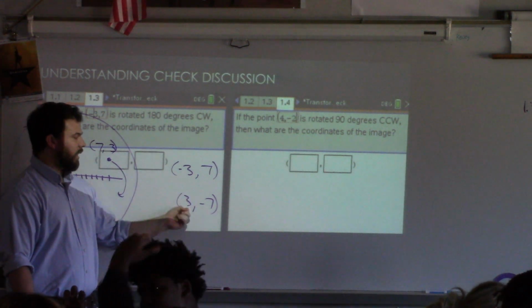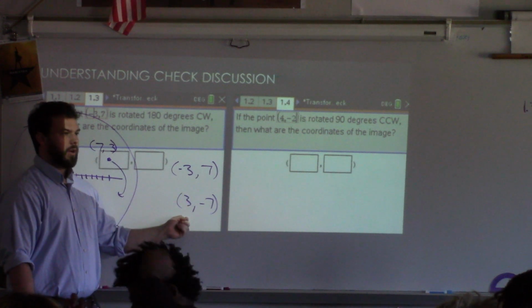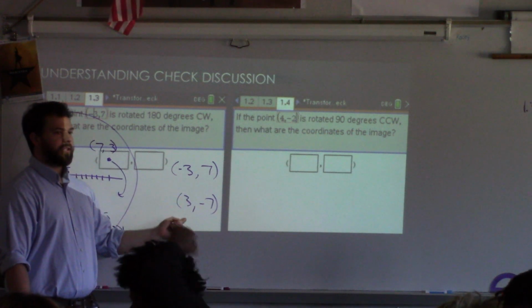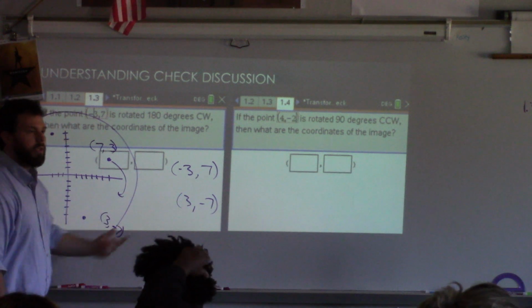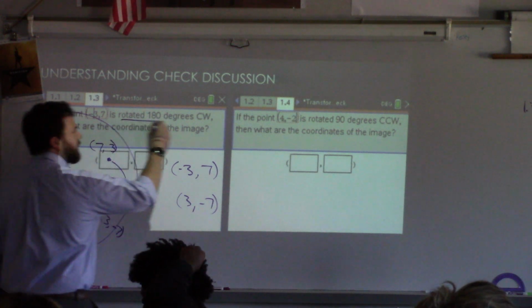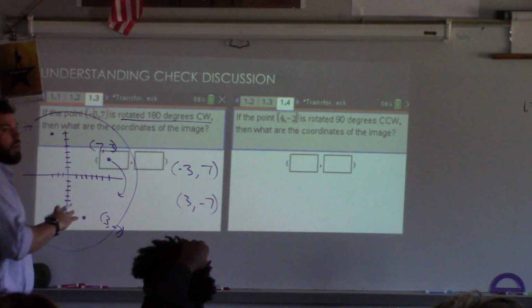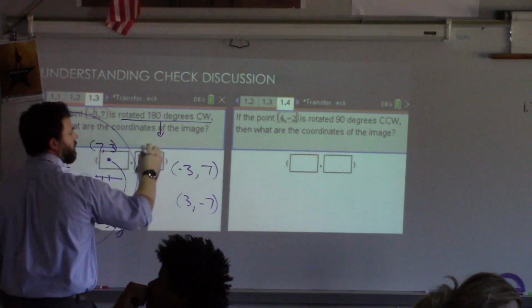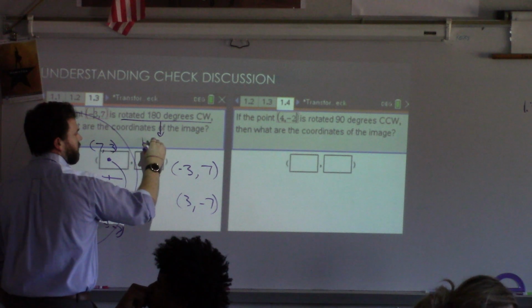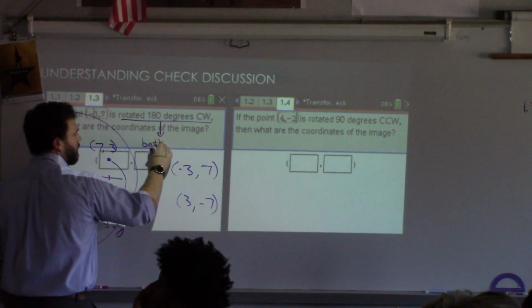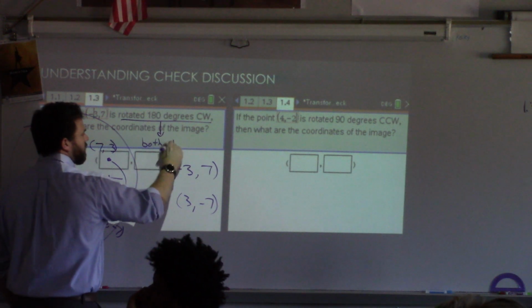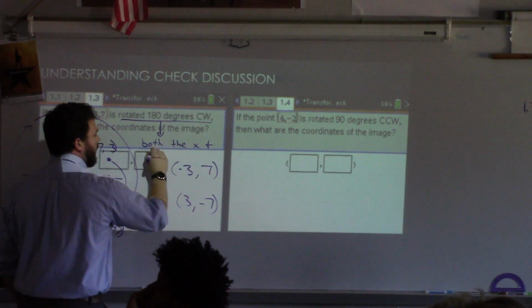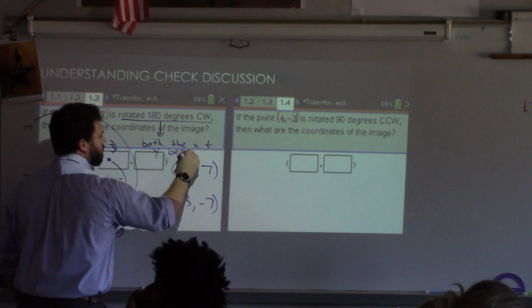I think it was the opposite of the x too. Negative 3 to 3, is that the opposite? Yes. So, the rotation of 180 degrees, whether it's clockwise or counterclockwise, because remember those are equivalent, that should be super easy. Both the x and y become opposite.